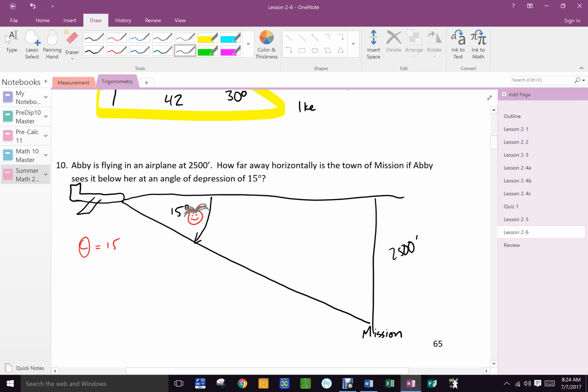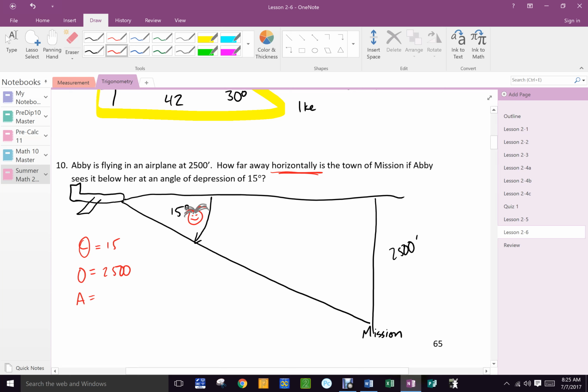What do I have? I have an opposite. Of what, Fawaz? 2,500. What do I need? I need the adjacent. Why do I need the adjacent? Because I want to know horizontally how far Mission is. If I want to know actually how far Mission is from the plane, which side would I be looking for? The hypotenuse.